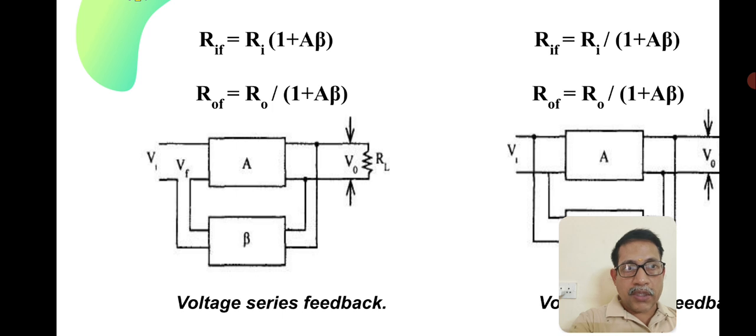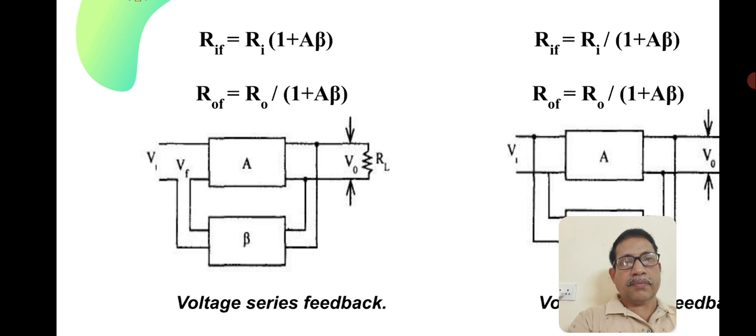Note that in voltage series, the first term, voltage, is the output part and the second word, series, is the input part. Since the output is parallel, R0F is R0 by 1 plus A beta, where 1 plus A beta is the amplification part of the feedback element.